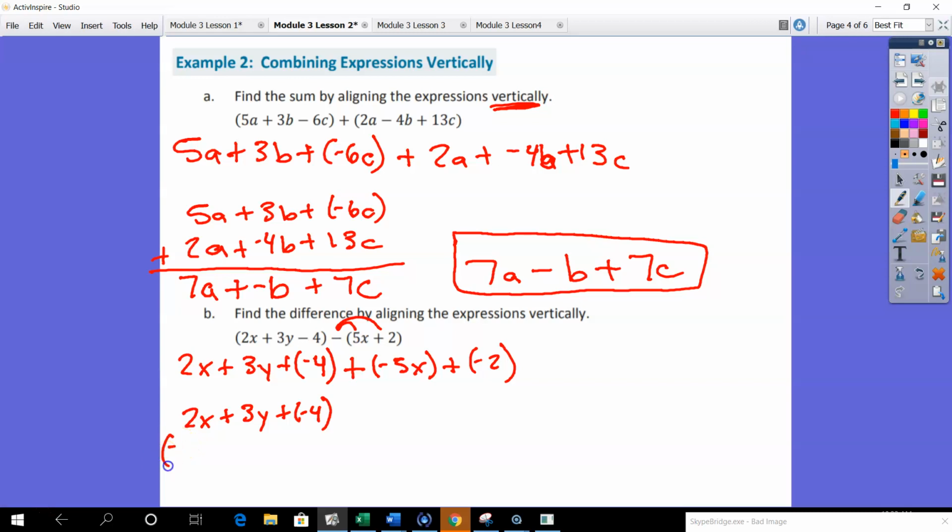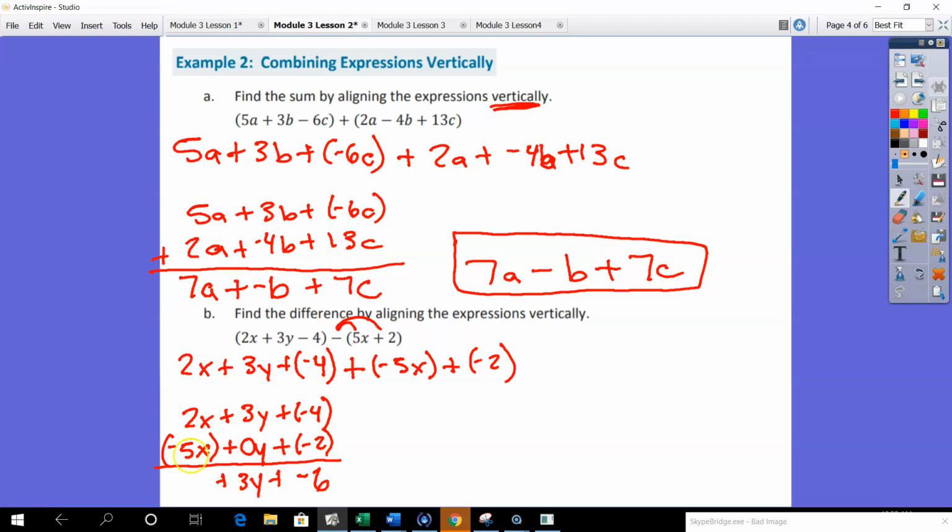And then we have negative 5x's plus, we have 0y's, so I'm going to put 0y just as a placeholder, and then plus a negative 2. So combine our like terms. The terms with no variable we call constants, so it's negative 6, plus 3y, since there weren't any other y's in the other one.